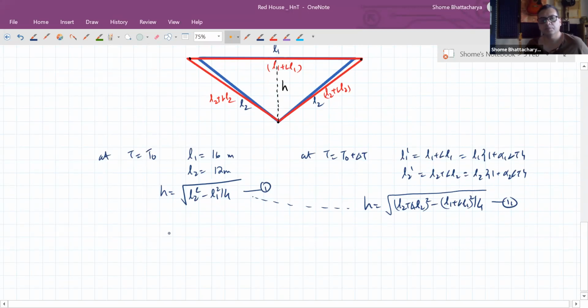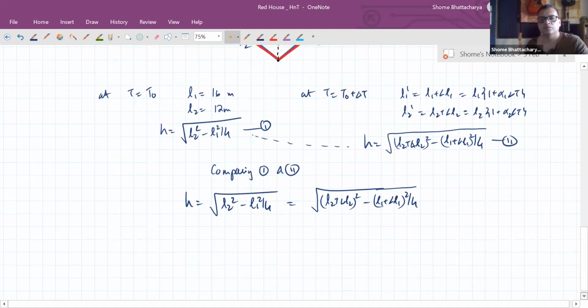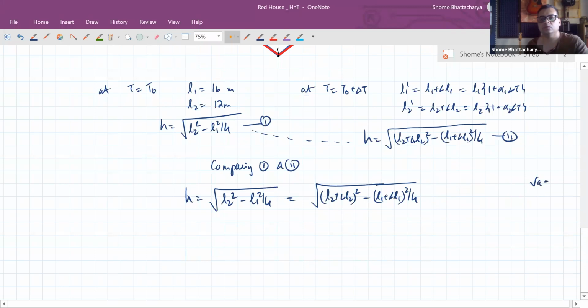Comparing 1 and 2, I'll get that h, which is square root of L2 square minus L1 square by 4, should be equal to L2 plus delta L2 square minus L1 plus delta L1 whole square by 4. So if square root of A is equal to square root of B, we can square both sides and say that A is equal to B.